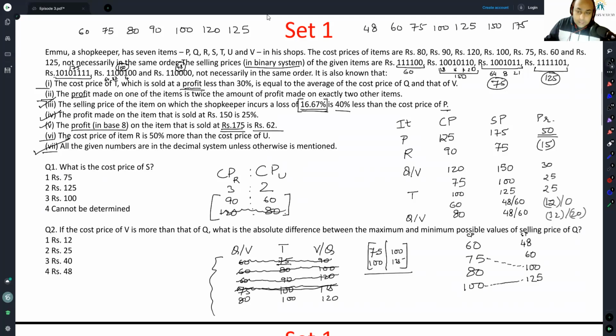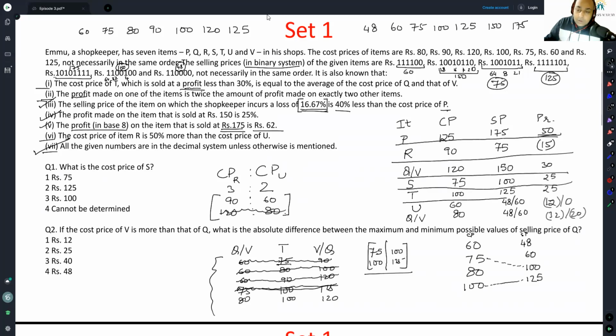R has to necessarily be at 90. U has to necessarily be at 60. And now there is just one spot left. S has to come here. So we now have a rough table of all the information that we need.